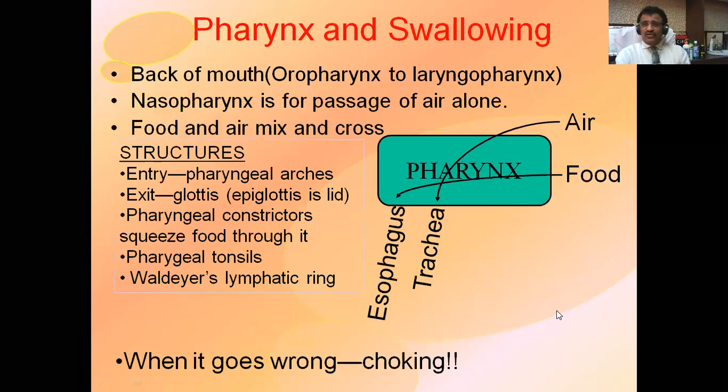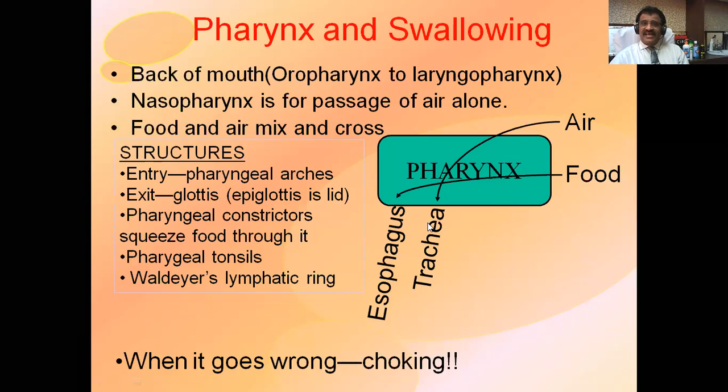Now we will go to today's topic proper, that is pharynx and swallowing, because it is related to the larynx very soon. Back of the mouth, oropharynx to laryngopharynx. And nasopharynx is a passage of air alone. So the nasopharynx is meant only for air, whereas the oropharynx and laryngopharynx parts are meant for air and food.